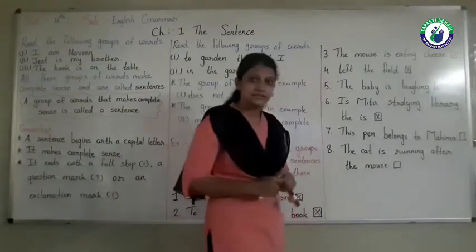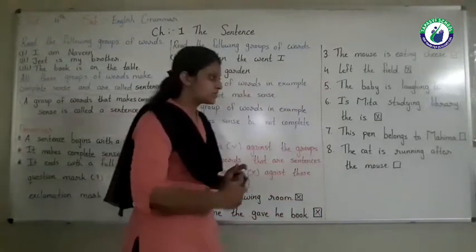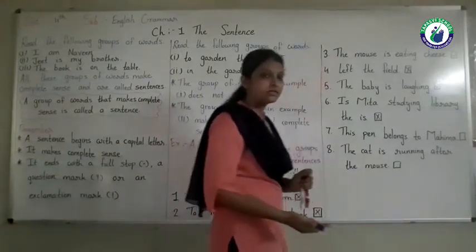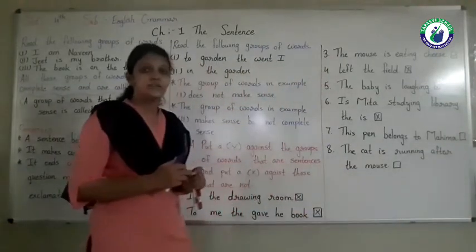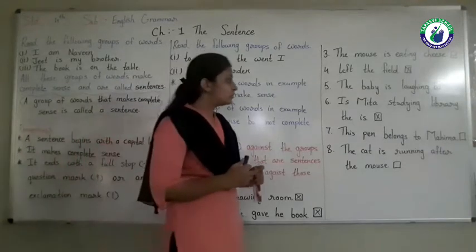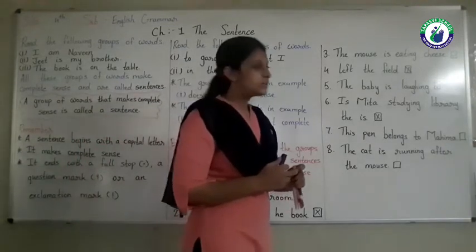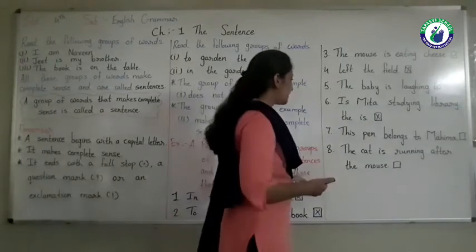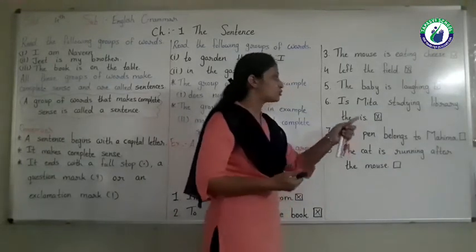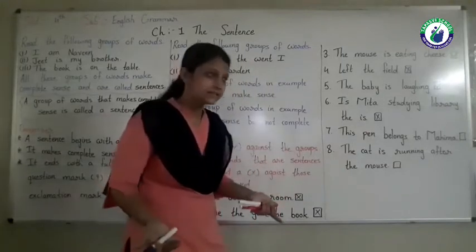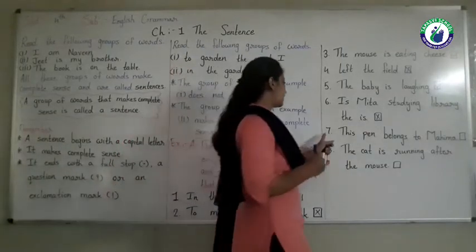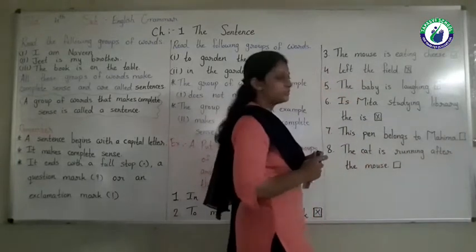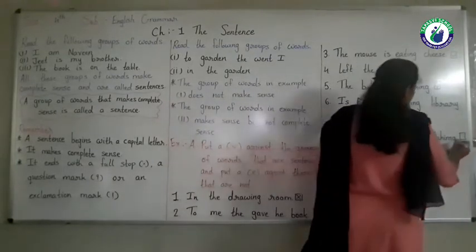Means in sentence number 7, subject is given plus verb is given plus object is given. Means the sentence is in a proper order, and also we can say it makes complete sense. So we can say this pen belongs to Mahima is a sentence, and we have to pick right in front of sentence number 7.